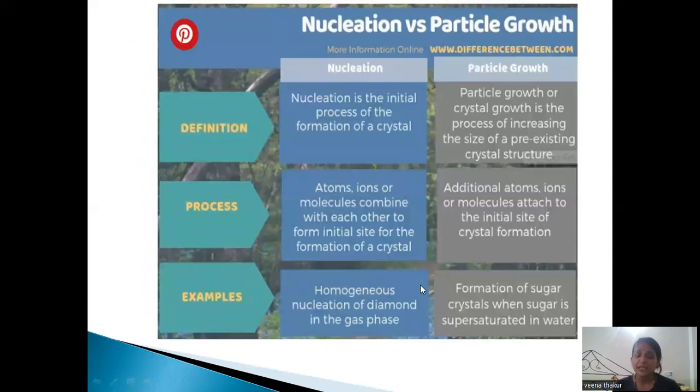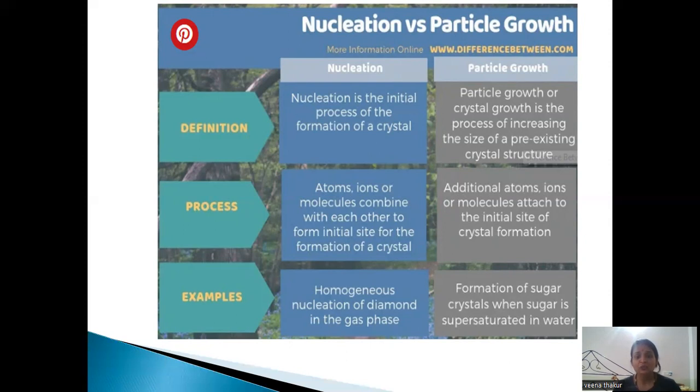Now let's see more differences between nucleation and particle growth. Nucleation is the initial process of the formation of a crystal, while particle growth or crystal growth is the process of increasing the size of a pre-existing crystal structure.